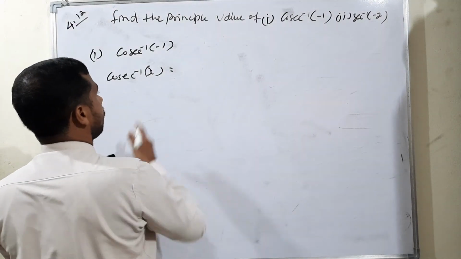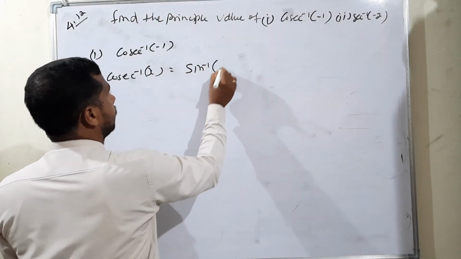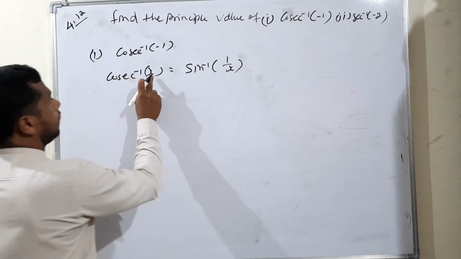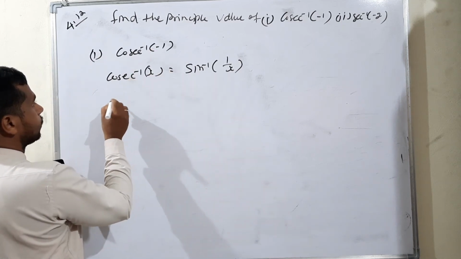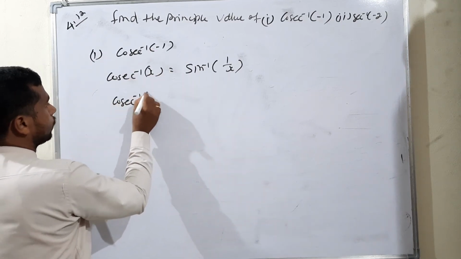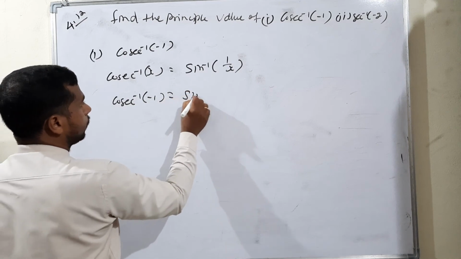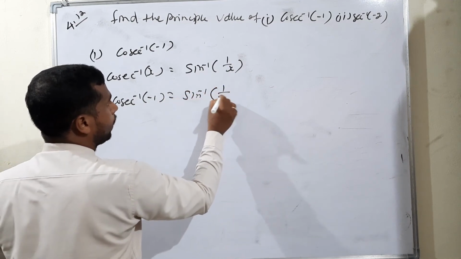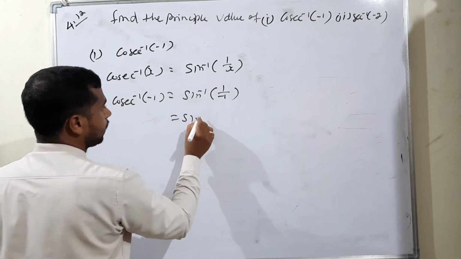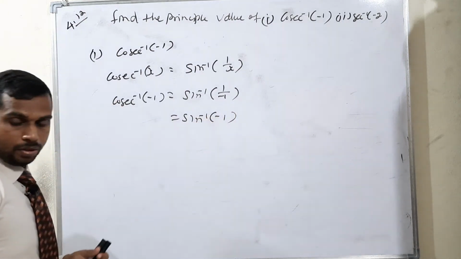So sine inverse of 1 by x. Instead of x the value will be minus 1. Therefore cosecant inverse of minus 1 is equal to sine inverse of 1 divided by minus 1, which we can write as sine inverse of minus 1.